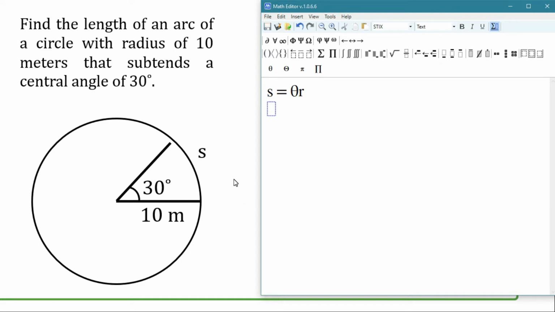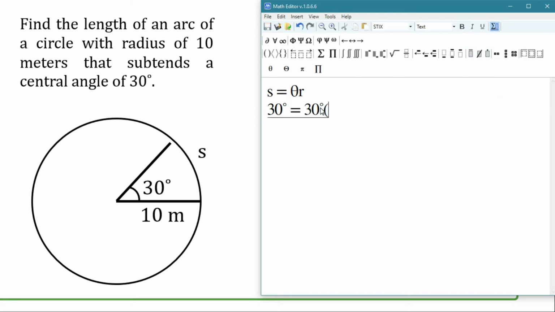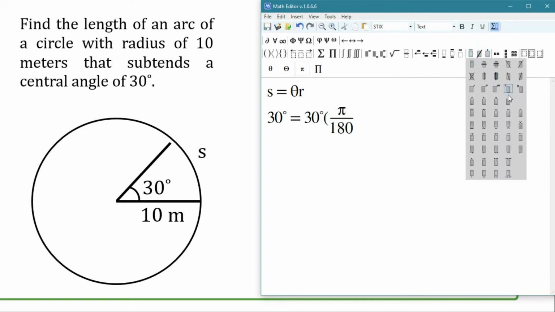So we have 30 degrees, and to convert this, we multiply 30 degrees by pi over 180 degrees. Again, we just have to multiply it with pi over 180 degrees.